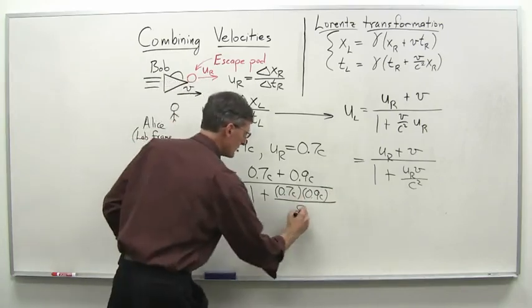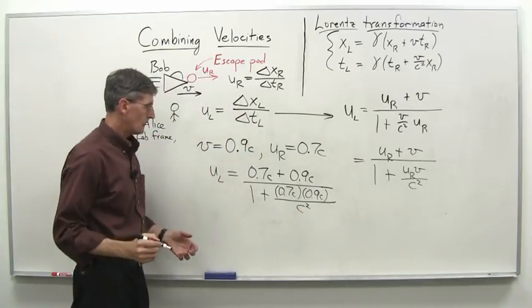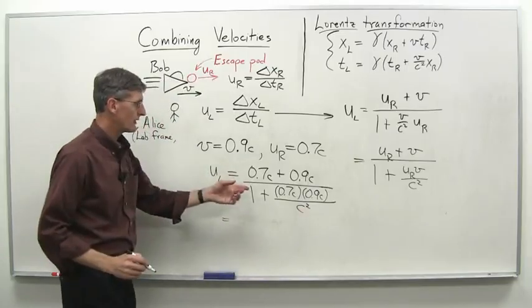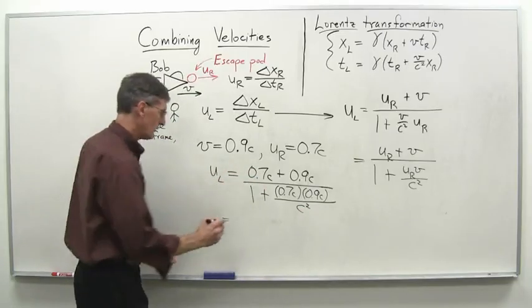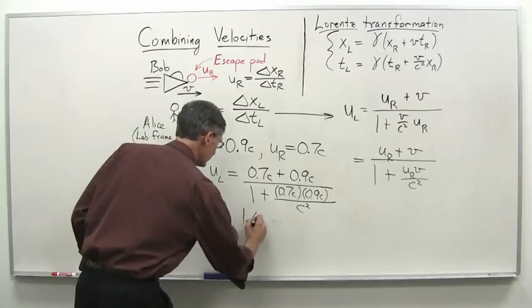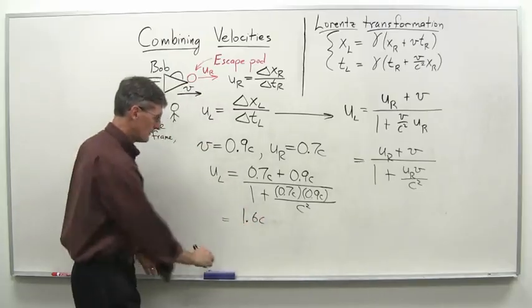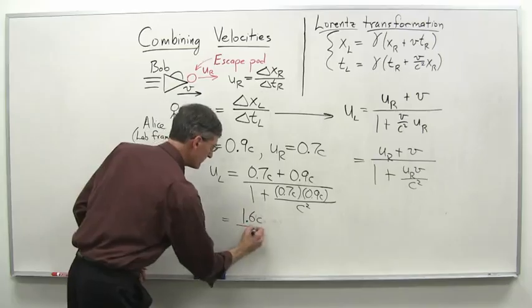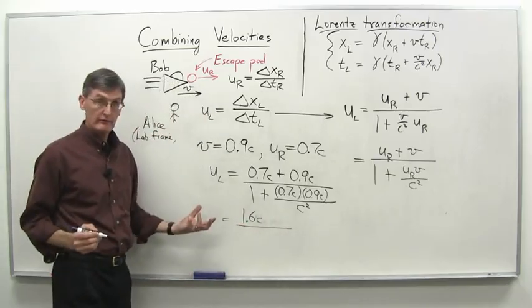So what do we have here? 0.7 c plus 0.9 c is 1.6 c. Definitely greater than the speed of light there.